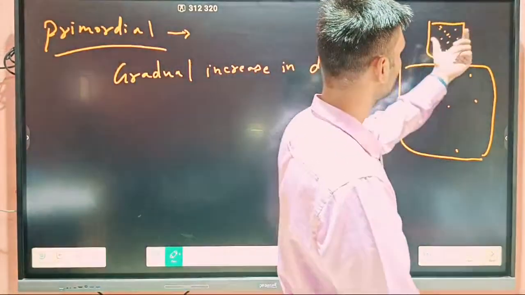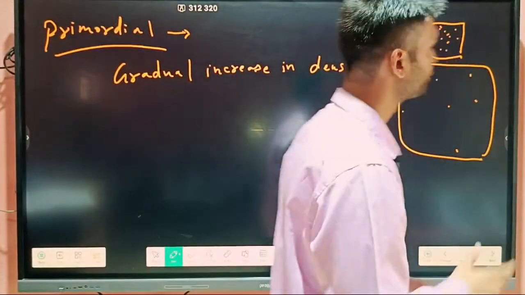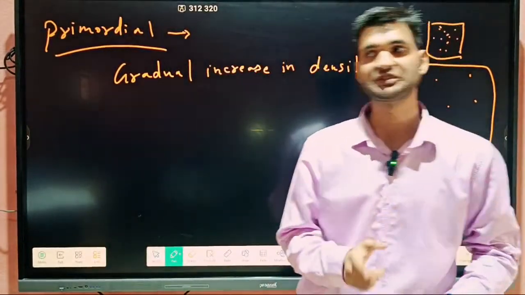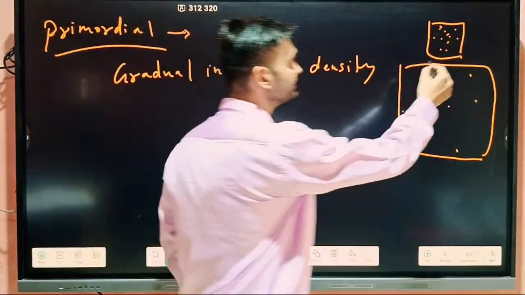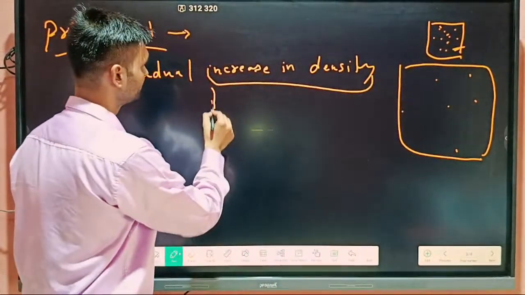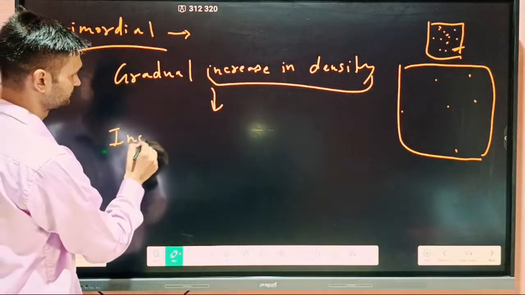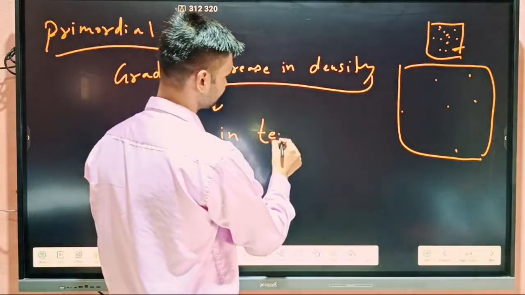When particles are close to each other, particles collide with each other. Due to that collision, friction occurs. And the result of friction is release of energy, the release of heat. So when there is high density, the increase in density leads to increase in temperature.